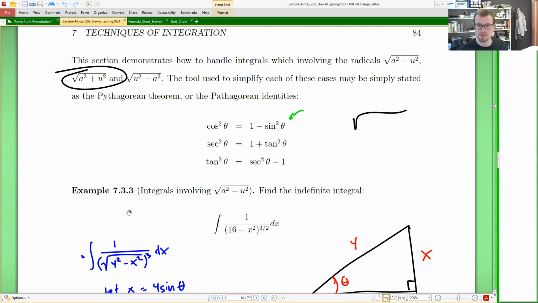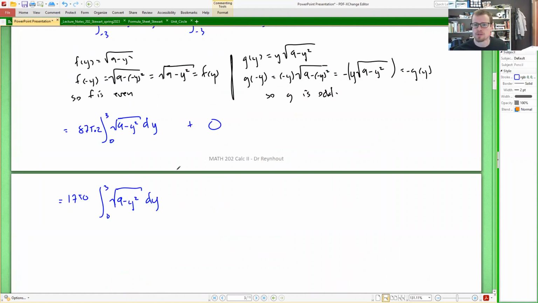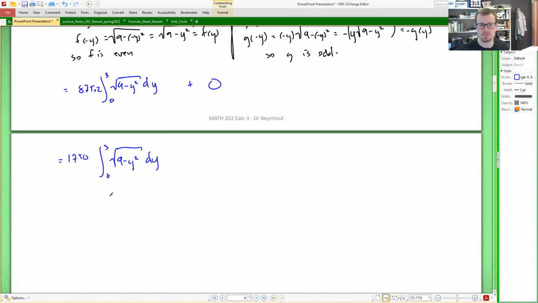This would encourage us to recognize that 1 minus sine squared is cosine squared. So this encourages the substitution of letting the variable be sine and including an appropriate factor to handle the constant squared. So I am going to let y be equal to 3 times the sine of theta, because 9 is 3 squared.